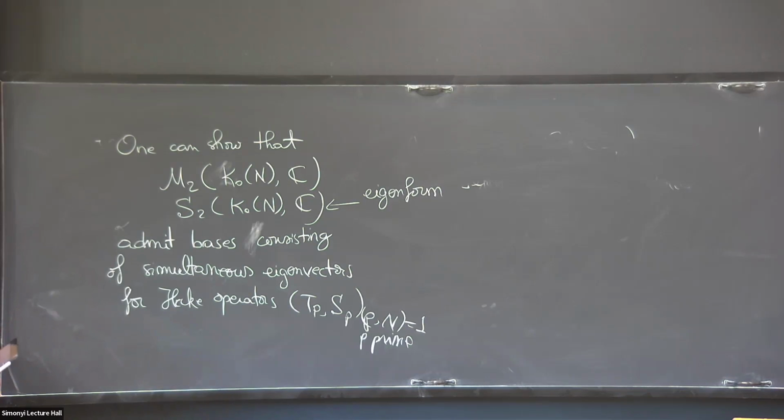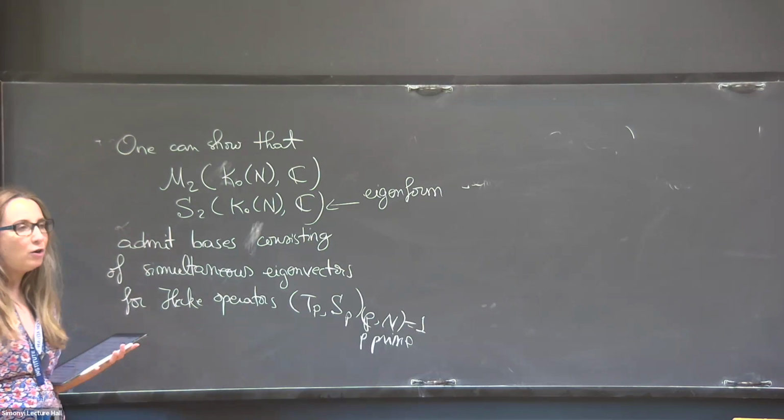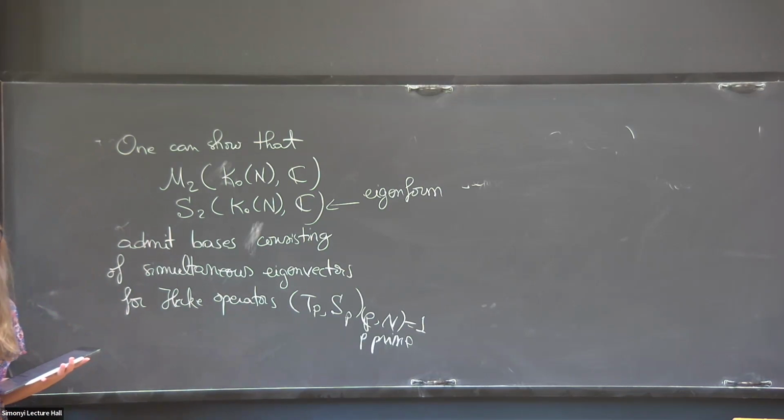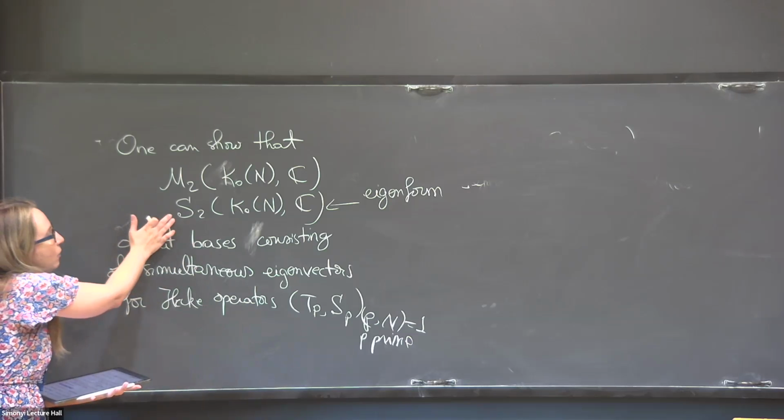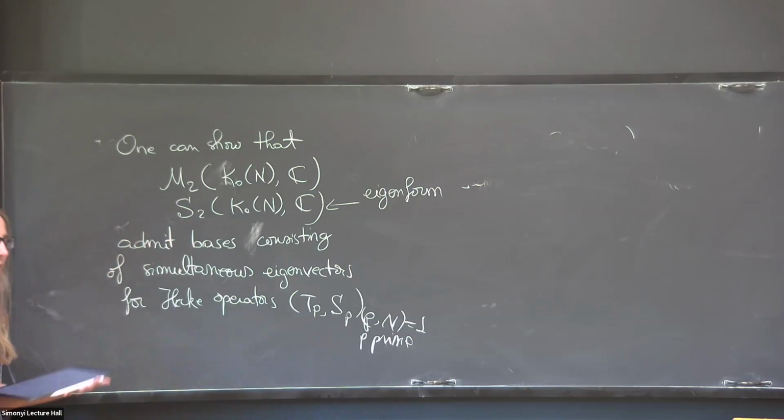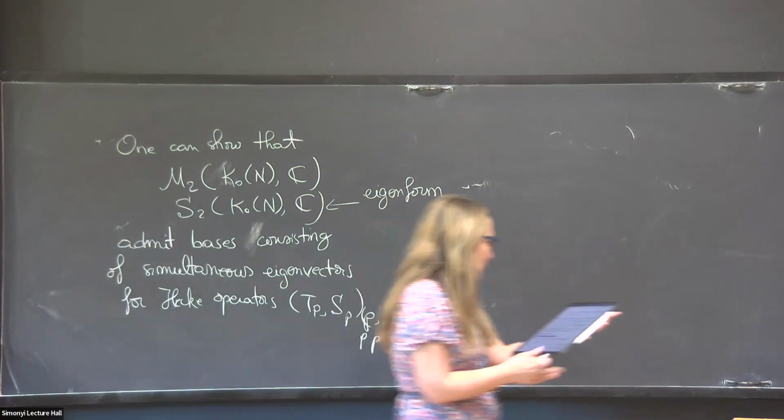What you see in the difference between M_2 and S_2 is the space of Eisenstein series, and that can be described in terms of automorphic forms for smaller groups, in this case GL1, or maybe GL1 cross GL1. So what happens at the cusps, at these finitely many points, you can understand differently, and the ones that are really new for GL2 are these cusp forms. So that's what we're going to look at.